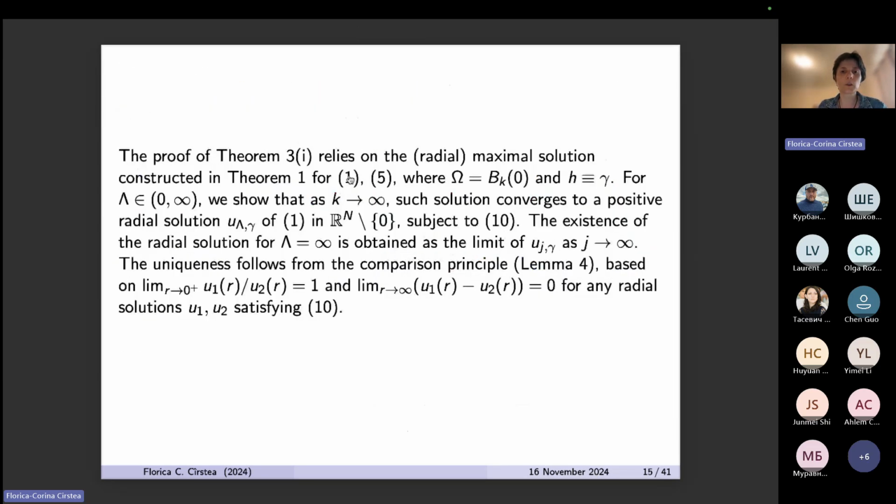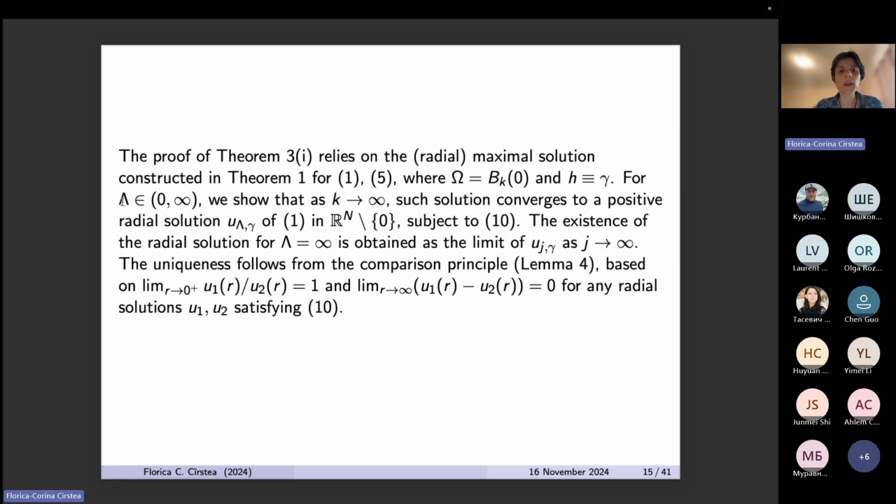The proof of this existence of solutions in R^n minus 0 relies on the radial maximal solution that we constructed on bounded domains. We take the bounded domain in Theorem 1 to be the ball centered at 0 with radius k. On the sphere of radius k, we take the value of h to be the constant gamma. This gamma is the limit you want to get at infinity.